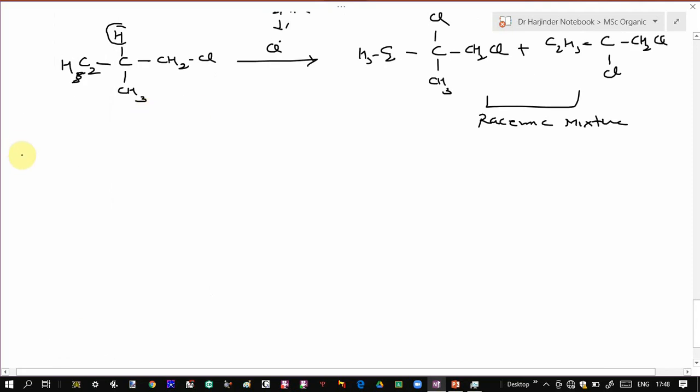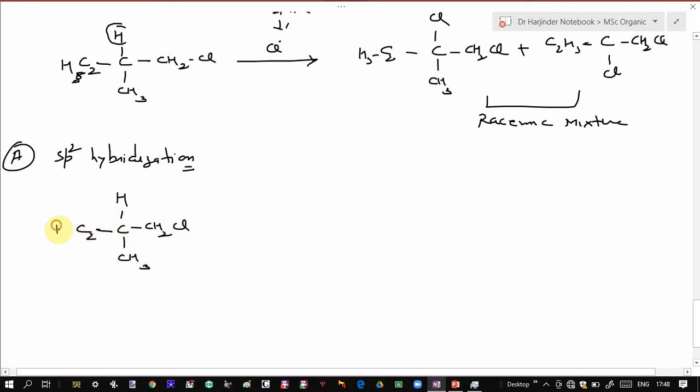So let us explain by sp2 hybridized free radical intermediates. You have this molecule with CH2Cl, CH3, C2H5, and you treat it with a chlorine radical.